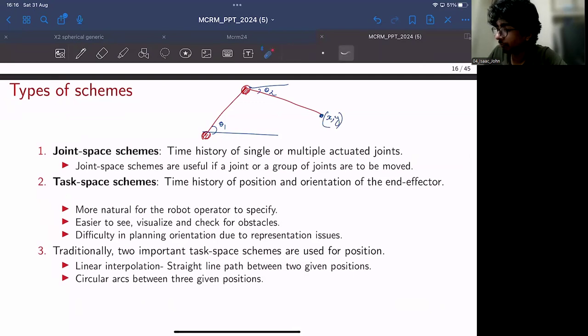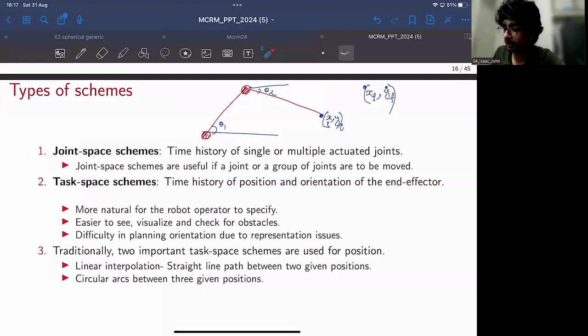If you want to plan a trajectory of your robot to move from this point, I'll label this as xi, yi, the initial point, to a final point xf, yf, you can either plan this trajectory in task space variables, xi to xf and yi to yf. Or, if you know xi, yi and xf, yf, you solve the inverse kinematics to find θ1 and θ2 initial, and θ1 and θ2 final. Then you can plan the trajectory on the theta variables, θ1 initial to θ1 final, θ2 initial to θ2 final.